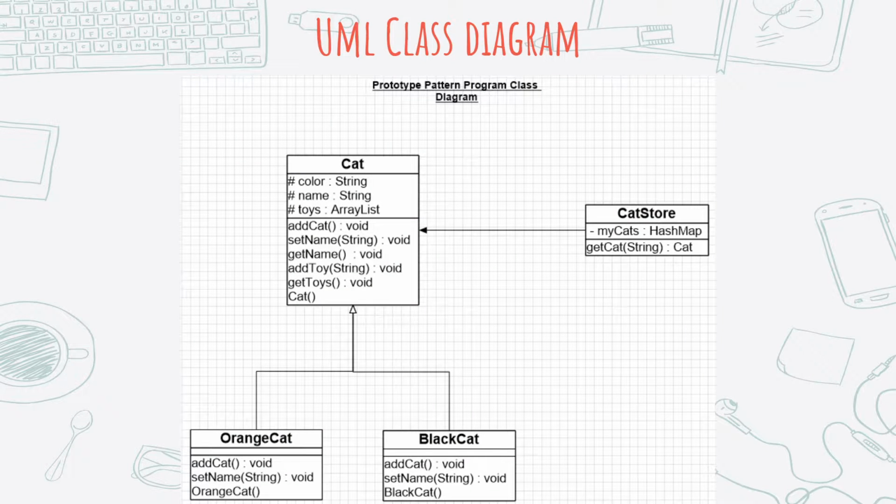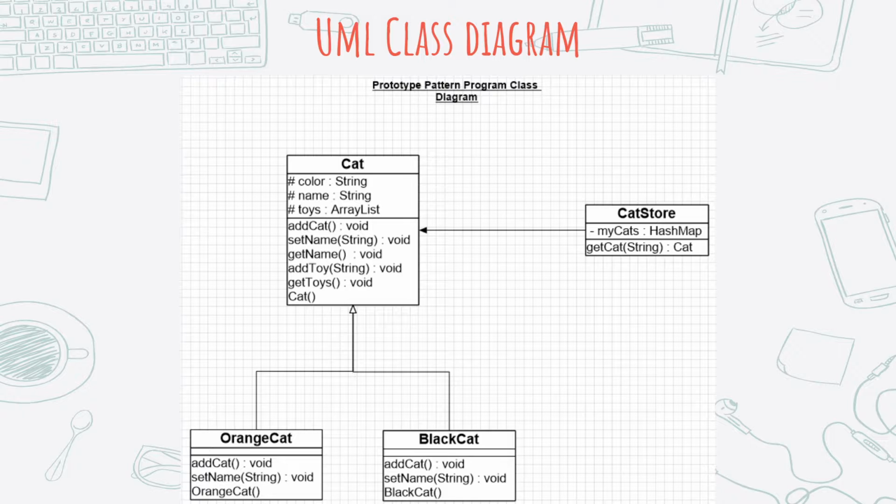So here's a quick class diagram of a simple program that I made. The client is the cat store, and it contains a hash map of my cats. This hash map contains two objects that are already created: an orange cat and a black cat object, and the key for these objects is accessed with either orange or black.